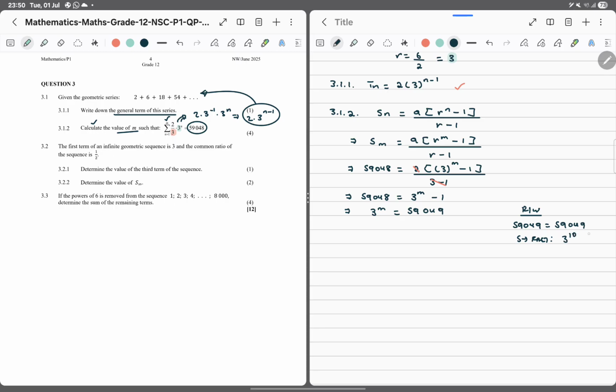This gives us 3 to the exponent 10. So this implies that 3 to the m is basically equal to 3 to the 10. Same bases, we take the exponents. So that's it. It means the last term is the 10th term.